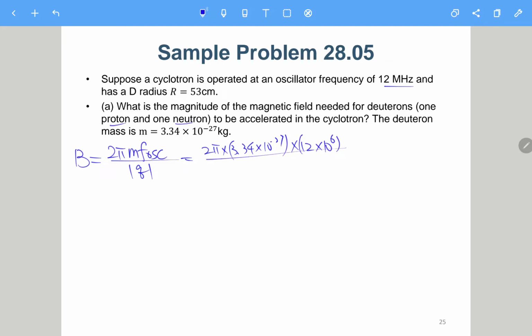One proton and one neutron; the neutron is electrically neutral, so it is 1.6 times 10 to the minus 19. Okay, so this number is 1.57 Tesla.